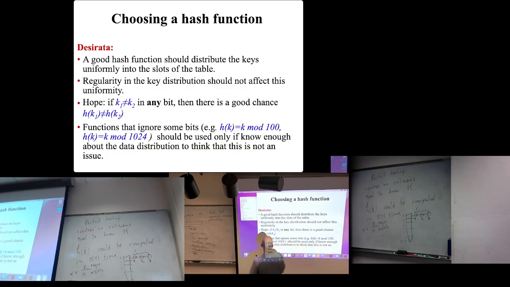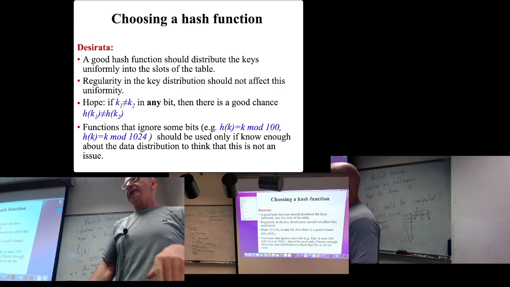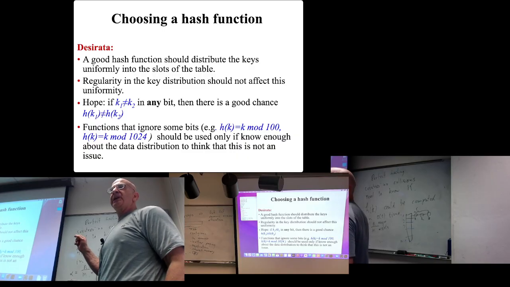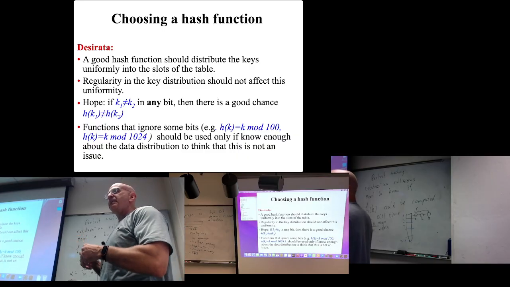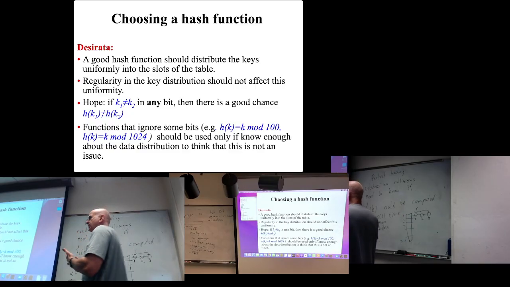Let's talk about criteria to choose a hash function. So for a while, I'll assume that the keys themselves are just numbers. But very soon, we will leave this assumption and say keys can be geometric shapes. I want to hash images.